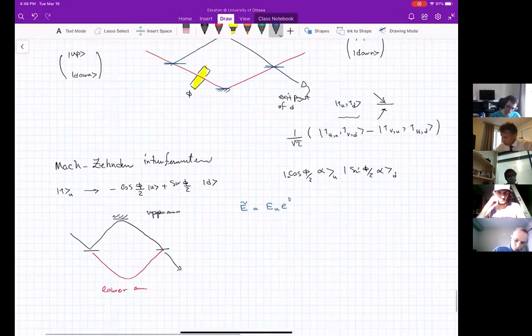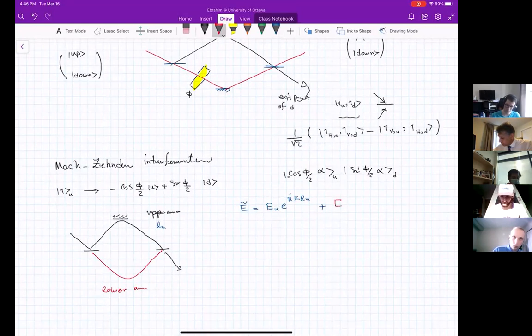So you have exponential of i k, I call this length L_U, plus the part of the electric field which is coming from the lower part, which is given by E of down, e to the power of i k L down.